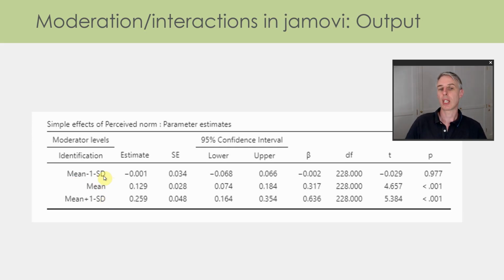So when identification is low, the slope of norm, as it predicts intentions, is not significant. But it is significant at mean levels of identification and at high, one standard deviation above the mean.